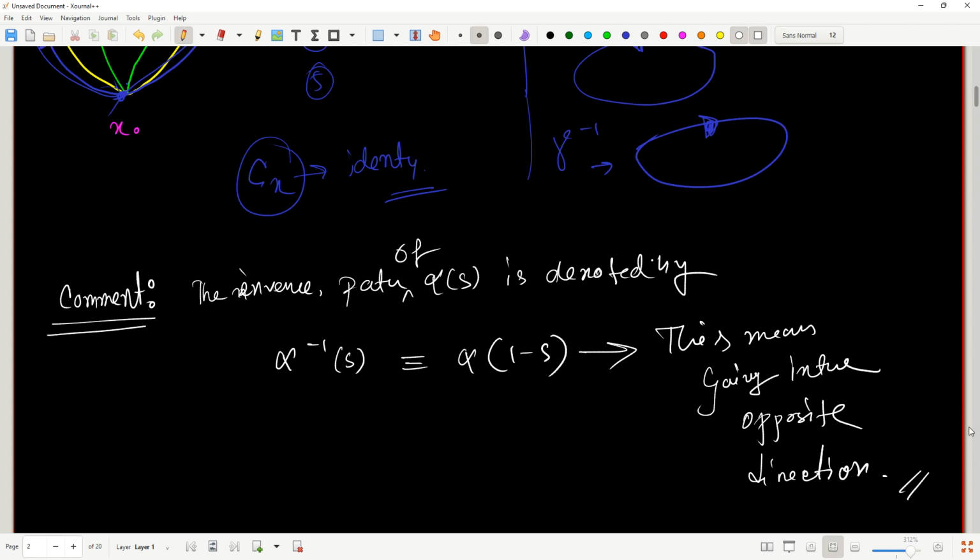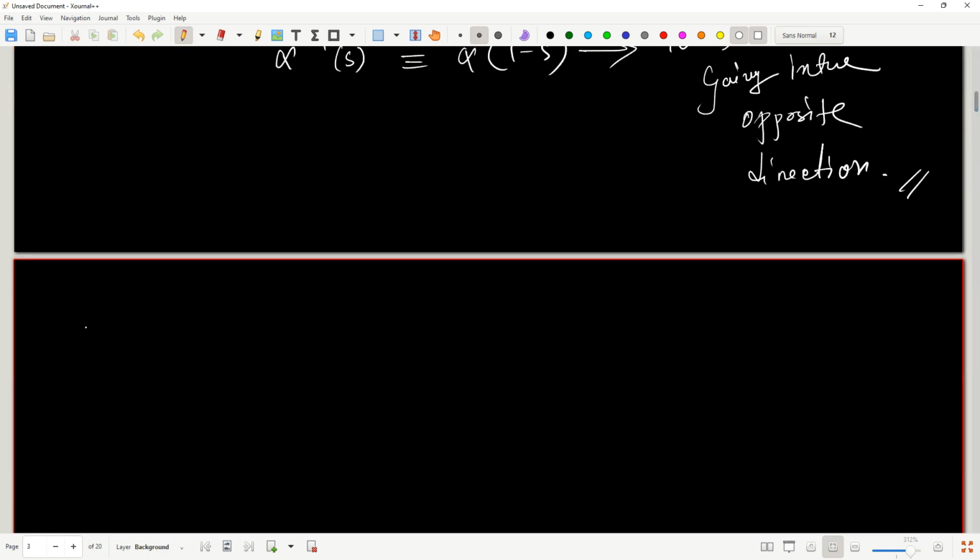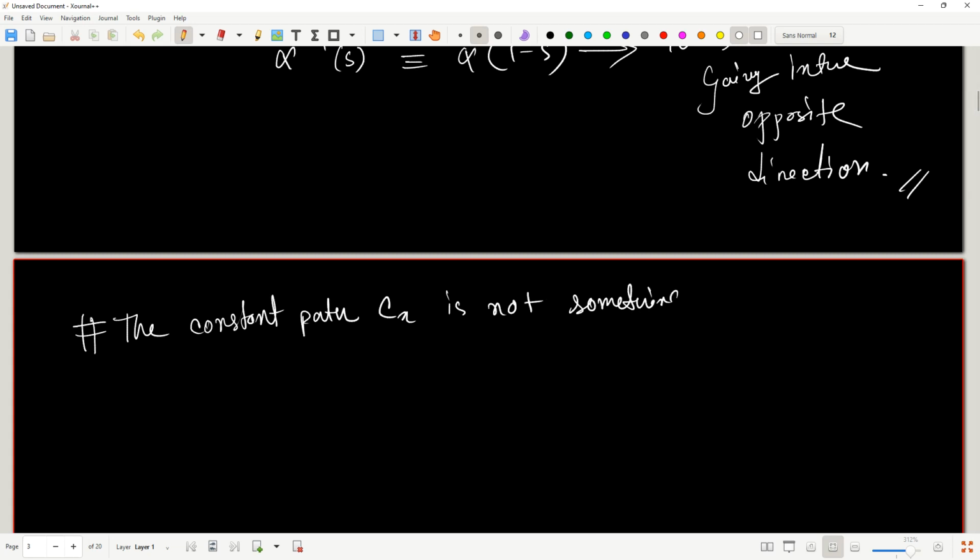Okay, and I want to make another important comment, that the constant path C of x is not something that is given by alpha inverse 1, because if you recall, we were talking about sets of equivalent paths. So actually what we are talking about is something like this.